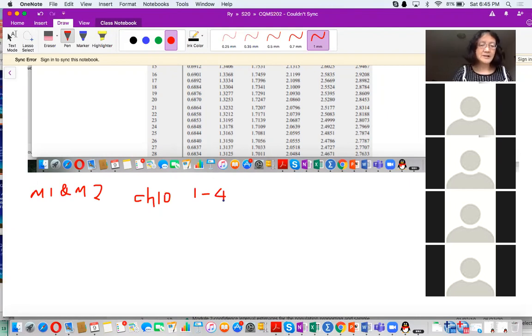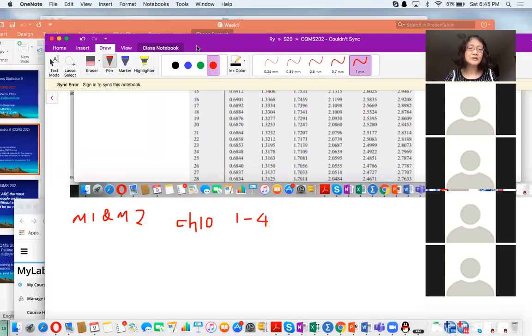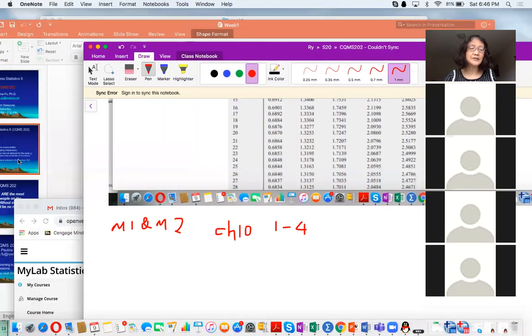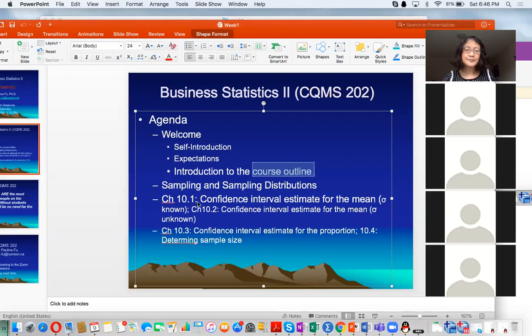Section 1 is confidence interval estimate. I will pull out the PowerPoint slide here so you know. Section 1 is confidence interval estimate for population mean when you know the population standard deviation. And section 2 is confidence interval estimate for population mean when you do not know the population standard deviation.